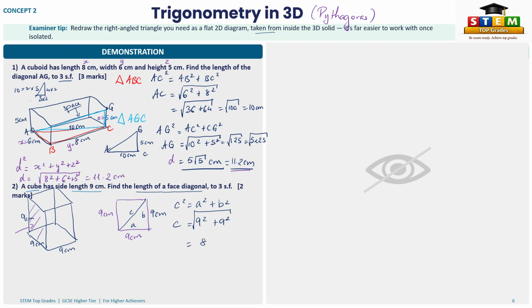and that's going to give you 81 plus 81, so double 81, so 162, square root of 162, and the answer is 12.7 to 3 significant figures, and never forget the unit, because you might lose a mark for this.